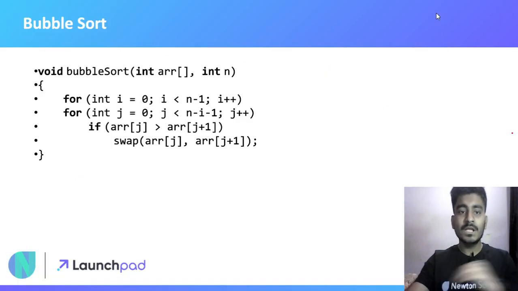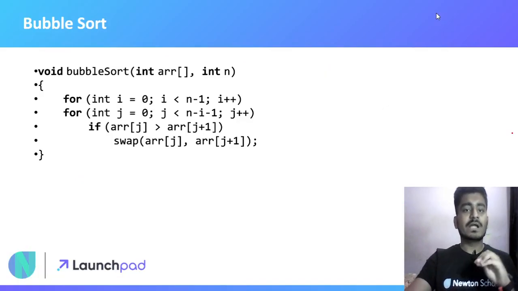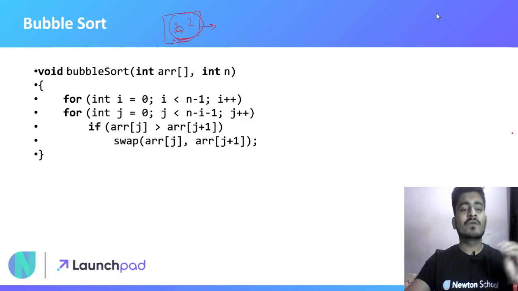Let me tell you the first thing, that these three sorting algorithms are important but not that much. Why? Because their time complexity is obviously n square. I have already told you this in the previous video. They have a time complexity of n square, where n is the size of the container. Since we have algorithms of lesser time complexity, that is n log n, we don't generally use these three algorithms, bubble sort, insertion sort and selection sort.